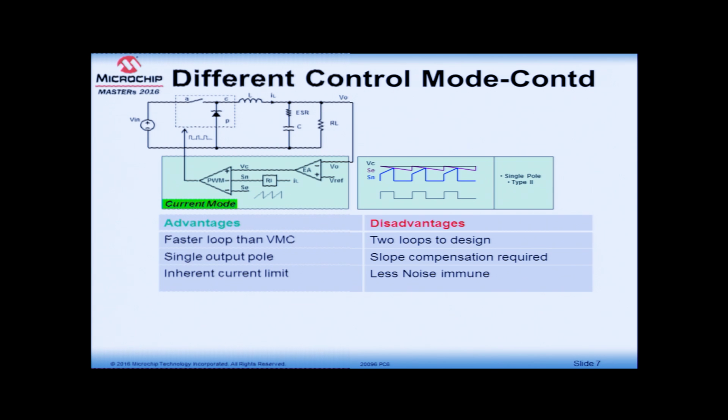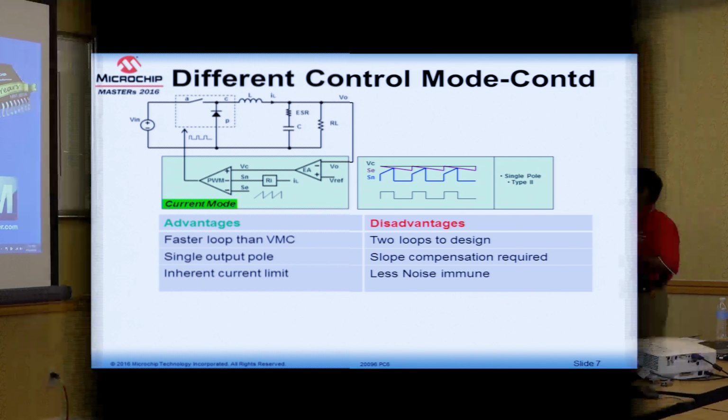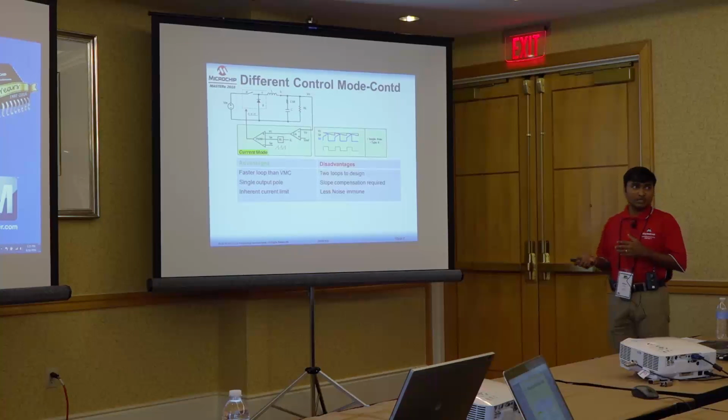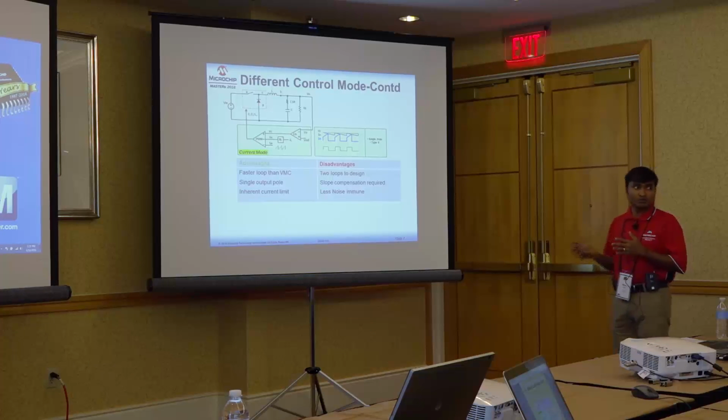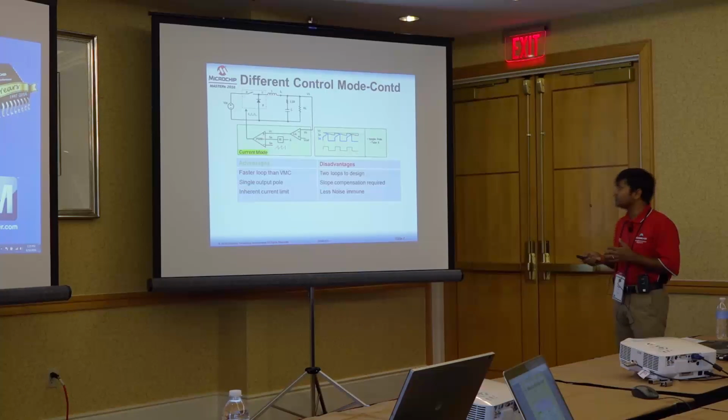So, a slope compensation is required, and because we are sensing the current signal, the signal magnitude is very small and it is very prone to noise. So, the noise immunity in current mode is less as compared to the voltage mode control, and we still need a type 2 compensation to compensate the output pole. So, we still need the compensation calculations.